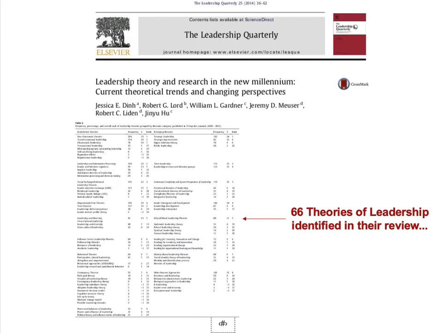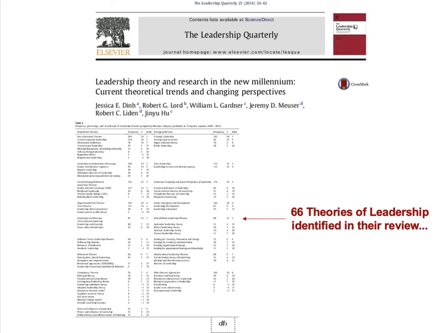When we think about leadership, there are so many different theories of leadership out there in the management literature. This one review article that I have here outlines 66 theories of leadership, which is crazy. But I think the point is people recognize the importance of leadership in the organization and the power that they have.